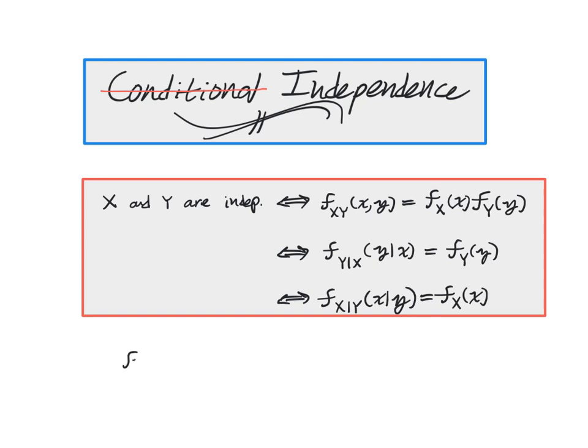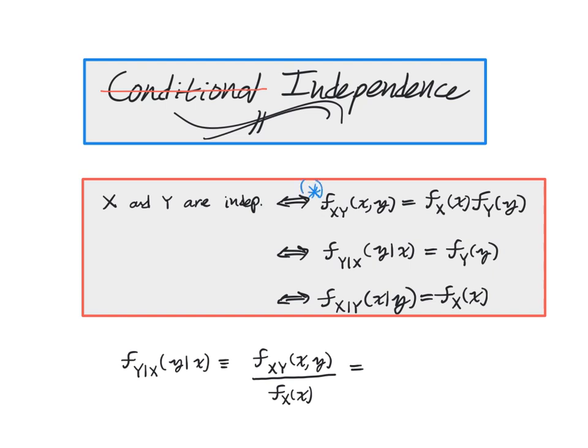So how do we know that these three characterizations of independence are in fact identical? Well, I'll show you the calculation for the equivalence between the first and the second definition of statistical independence. By definition, the conditional density of y given x is the ratio of their joint density to the marginal density of x.